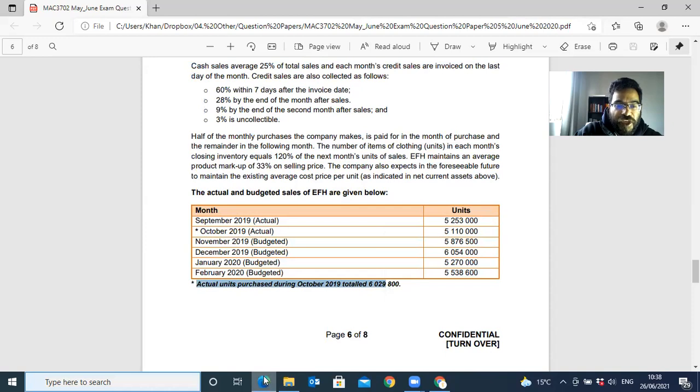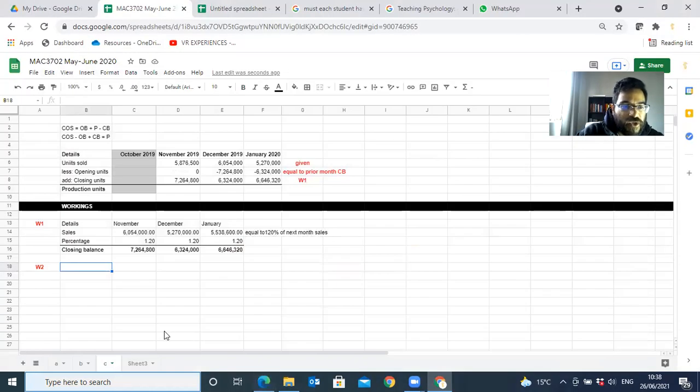So I want to do 2 checks to see if an answer comes to be the same. One way is we want to work out the closing balance of October. If you rearrange this equation, remember cost of sales equals opening inventory plus purchases minus closing balance.